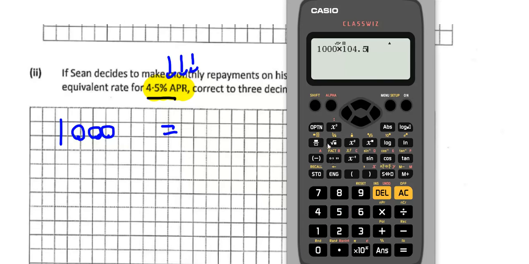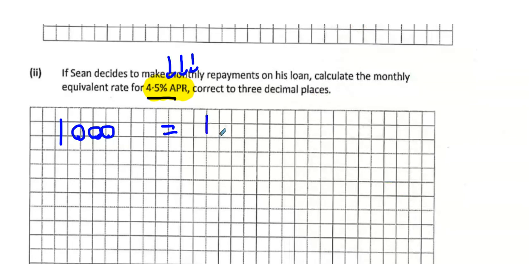Okay, and the answer would be 1,045. Now, we're not doing yearlies, we're doing monthlies. So monthlies would be, your F value would be this. Once again, very few people getting this out, so don't feel too bad if it's a bit beyond you, okay?